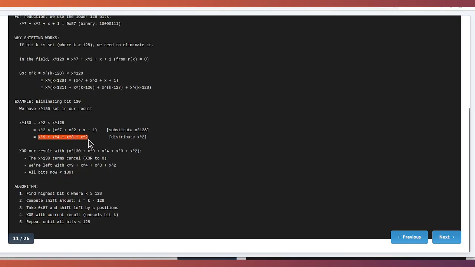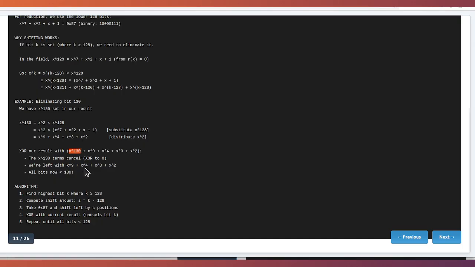Distributing x squared gives us x to the 9th plus x to the 4th plus x cubed plus x squared. So, when we XOR our result with x to the 130th plus x to the 9th plus x to the 4th plus x cubed plus x squared, the x to the 130th terms cancel each other out.